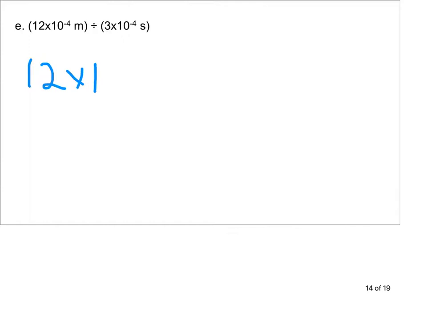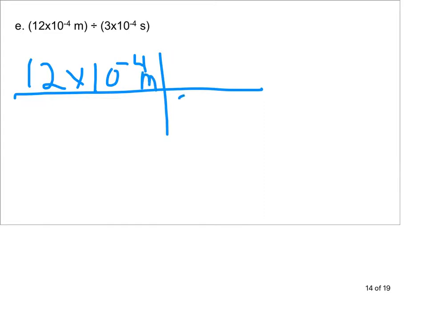12 times 10 to the negative 4th meters divided by 3 times 10 to the negative 4th seconds. 10 negative 4th and 10 negative 4th just divide out. 3 goes into 12 4 times. If it wasn't easy division, pull out your calculator and go through it.